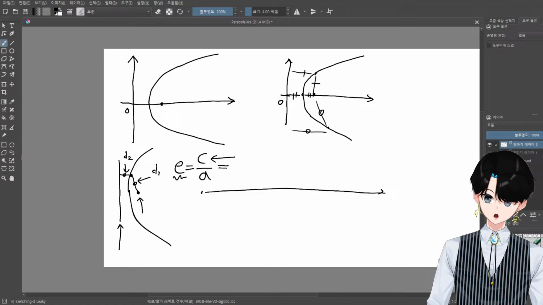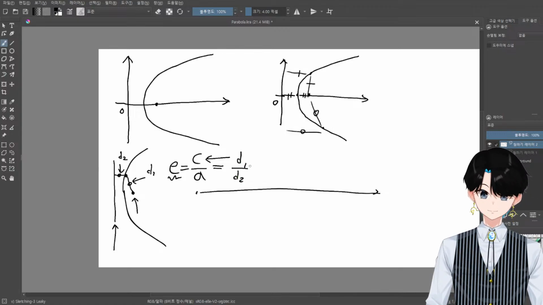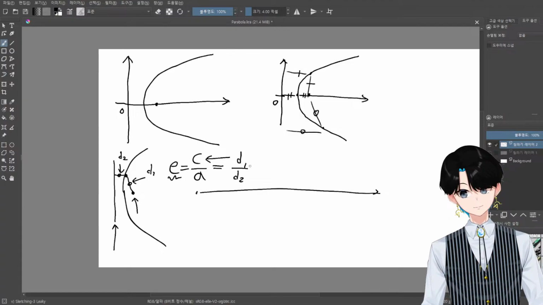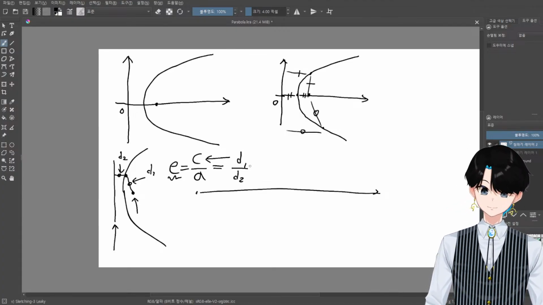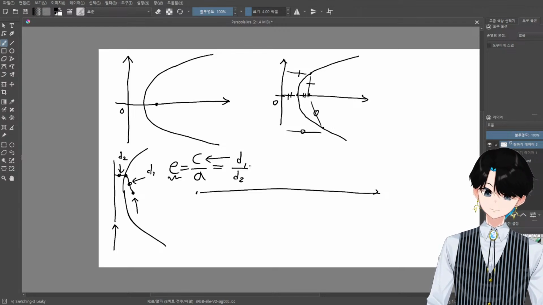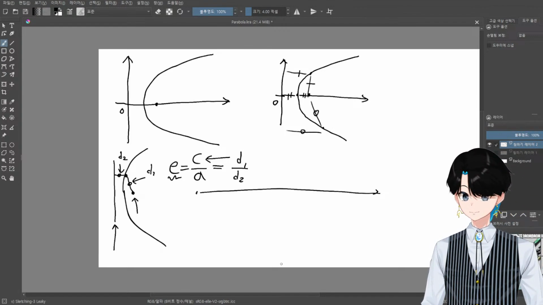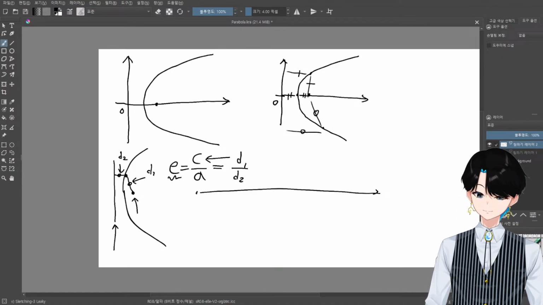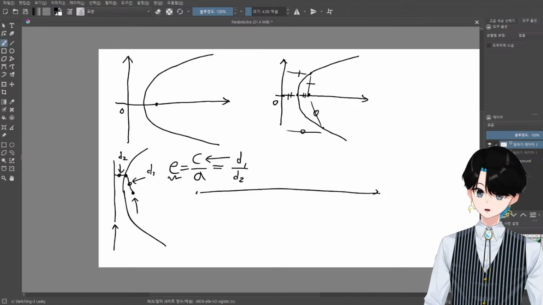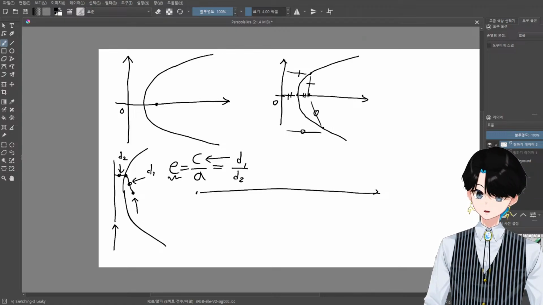And this will be D2 over D1. Is this correct? I might be wrong, I have to make sure. FP over PP. Yeah, so this is correct.